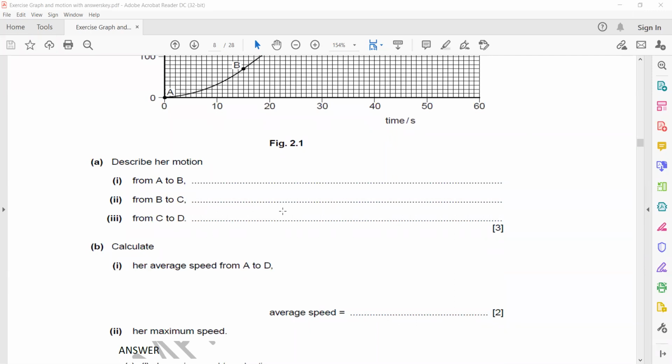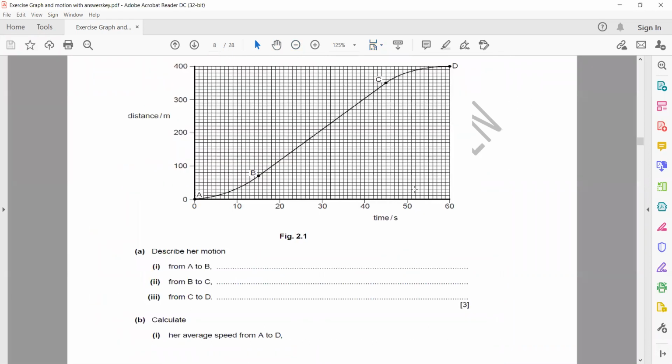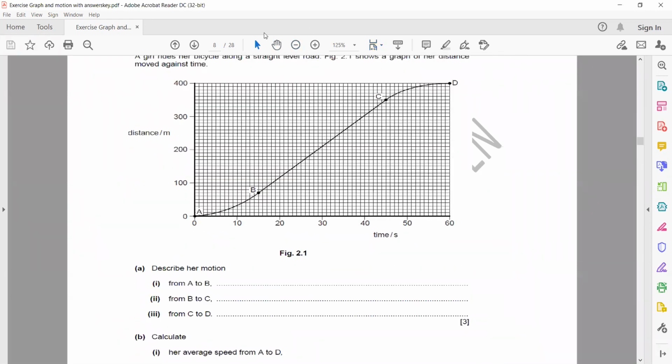Then calculate her average speed from A to D. So what is the formula for average speed? Average speed is the total distance divided by total time. What is the total distance traveled? When we check the y-axis, we have the total distance, and the total time to complete the journey is 60.